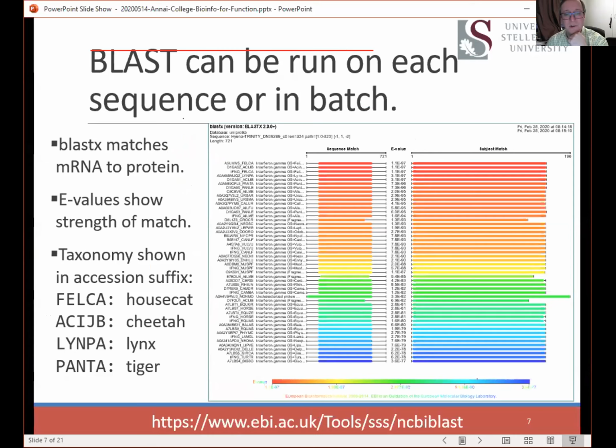In this case, I'm using a web server for NCBI BLAST that is at the European Bioinformatics Institute, the EBI. They have a lot of really good tools implemented in web form for use. And because EBI is so strongly associated with UniProt, you can often find a good search against UniProt is achievable through EBI tools.